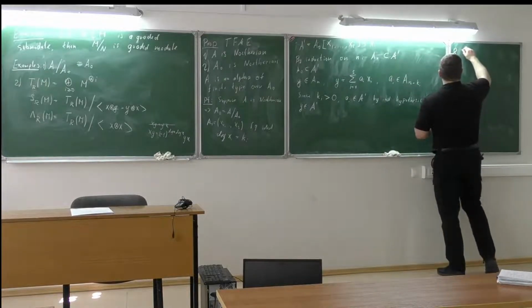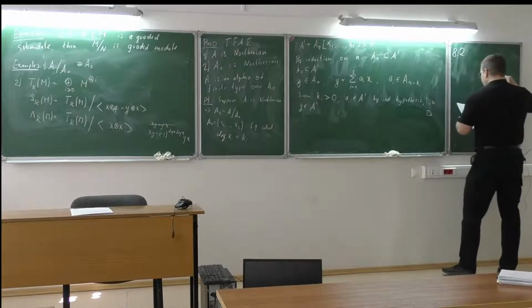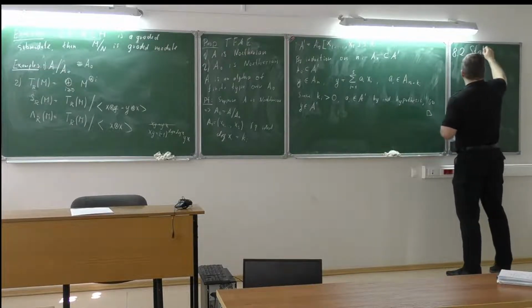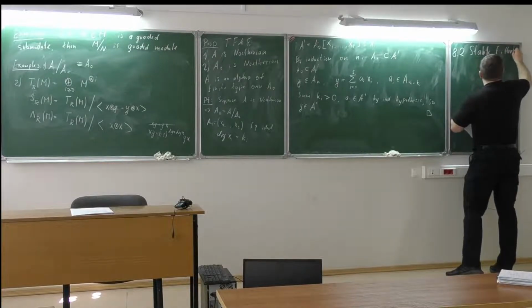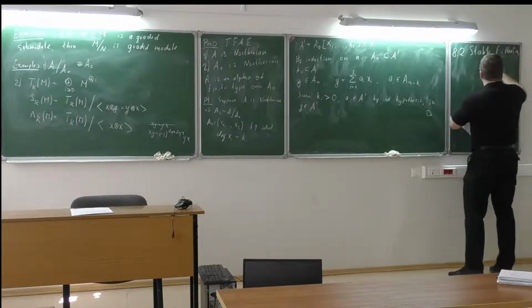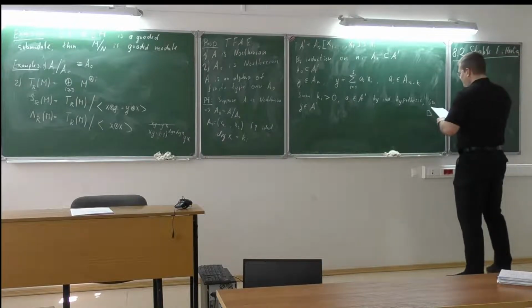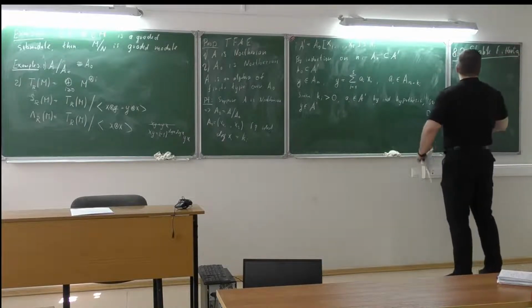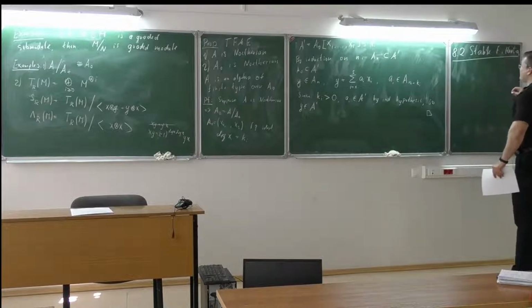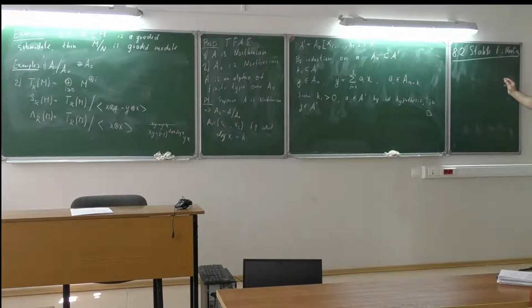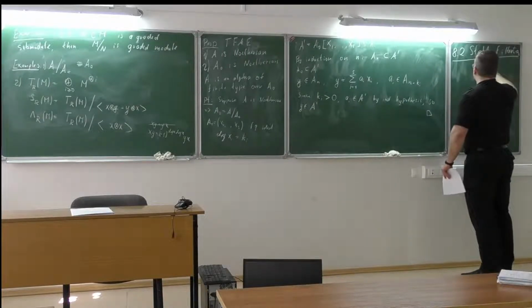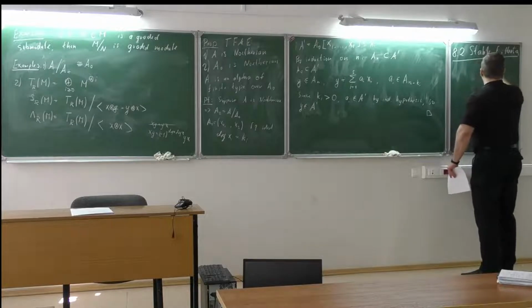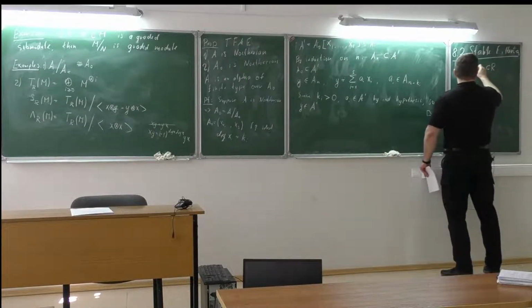So next section in this chapter, 8.2, stable filtrations. Let me just mention briefly that in general you have graded rings. You can also define filtered rings and filtered modules. If, for example, you start with a ring R, then inside this ring R you get a filtration.